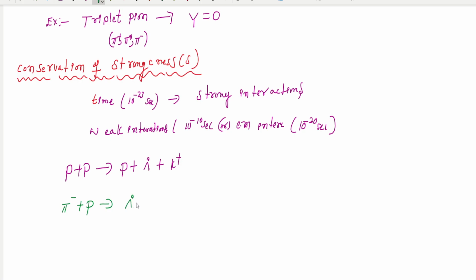In these reactions strange particles are produced. Or else we can write this equation, P plus P.